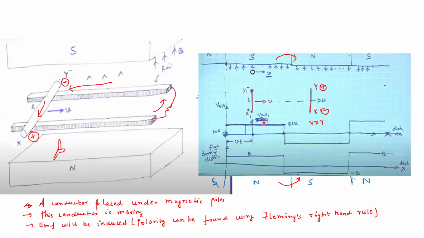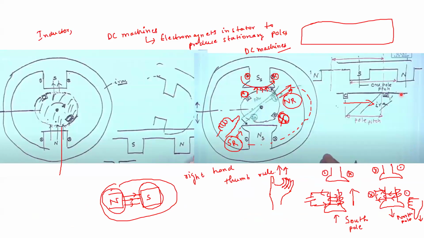So it is very similar to this example. We can extend our knowledge from this linear system to the rotating system by cutting it here, and I will get this kind of structure, which is similar to the linear system.